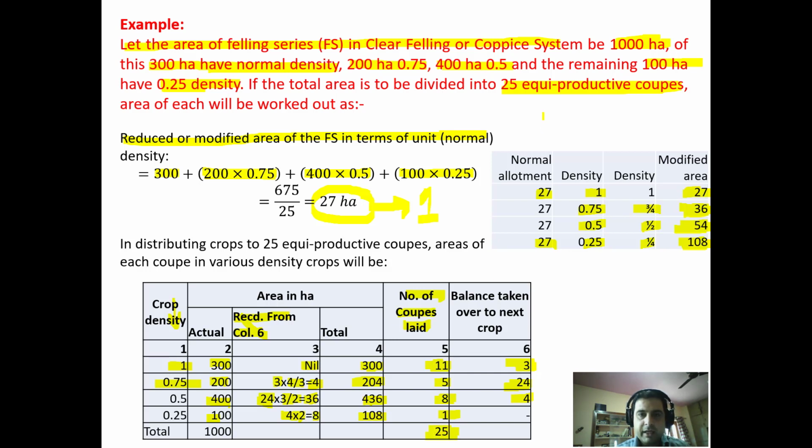So your 25 equiproductive coops have been laid. All these coops are equiproductive because the areas have been modified based on their density. They may not be equi-extensive, as is clear from these figures, but they have been brought to be equiproductive based on the modifications.